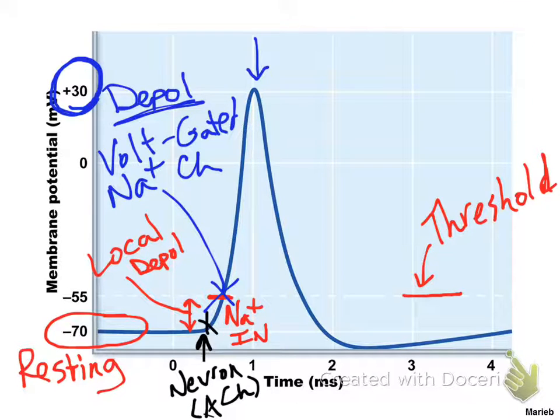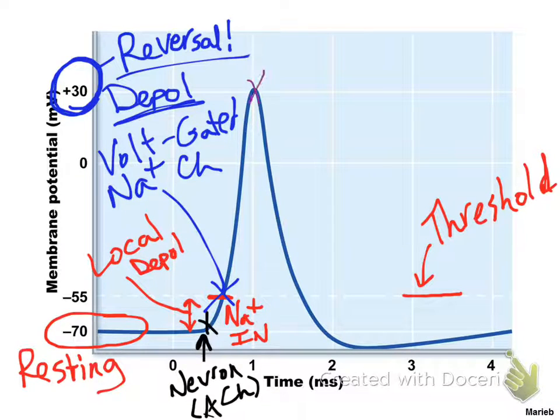It is now more positive compared to the outside. The inside's more positive compared to the outside. That's that reversal that we've been talking about. All right, but we have a couple more changes to discuss.